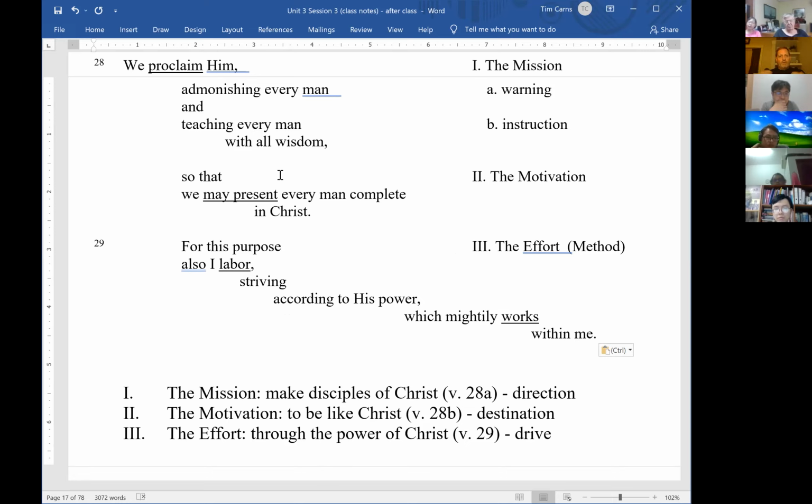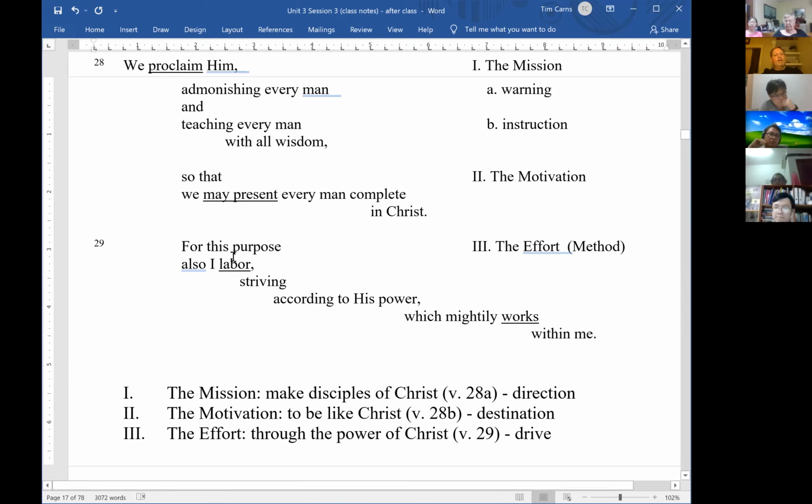Or no, my motivation is I want to see people become like Christ. That's what he's saying here. We may present every man complete in Christ. So my job is not done until I see that what I'm preaching has an impact in the lives of my hearers, so that they are now more like Jesus. If they're not more like Jesus, my job is not done.